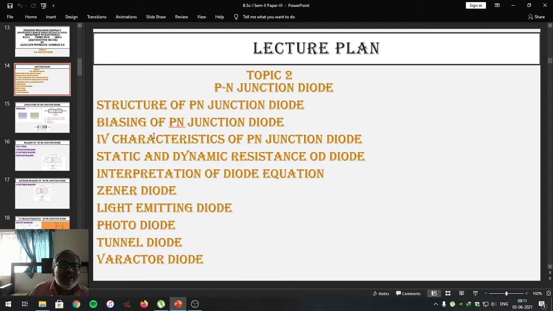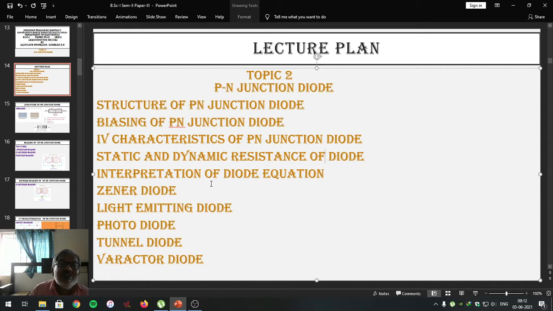After that, we are going to study IV characteristics of PN junction diode, meaning the current and voltage characteristics associated with it. Then we are going to study static and dynamic resistance of a diode, what is its meaning. Then we are going to study interpretation of the diode equation, how the diode equation explains the IV characteristics of the PN junction diode.